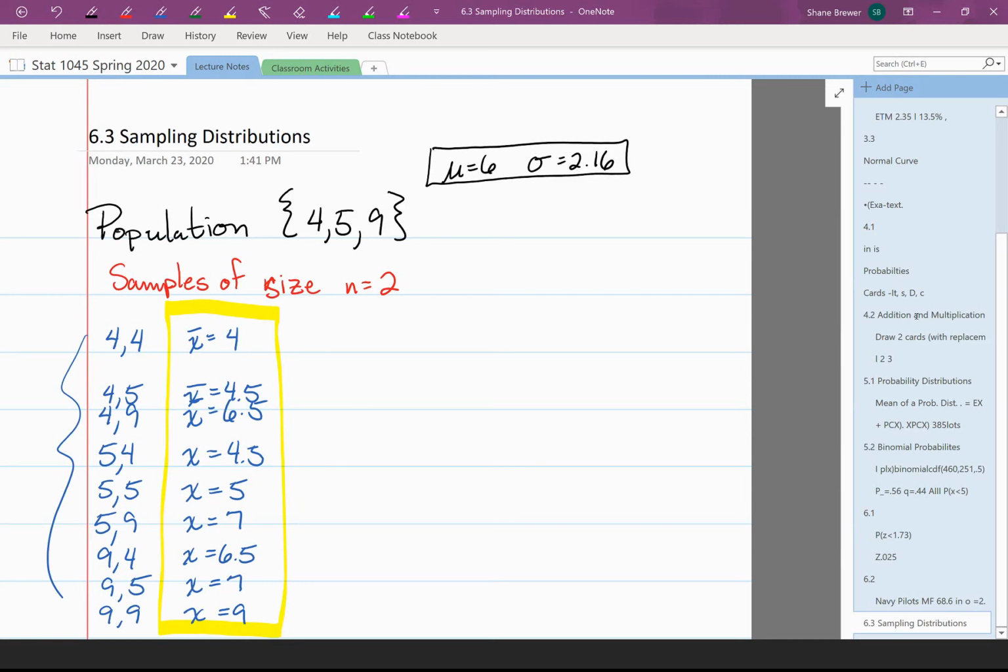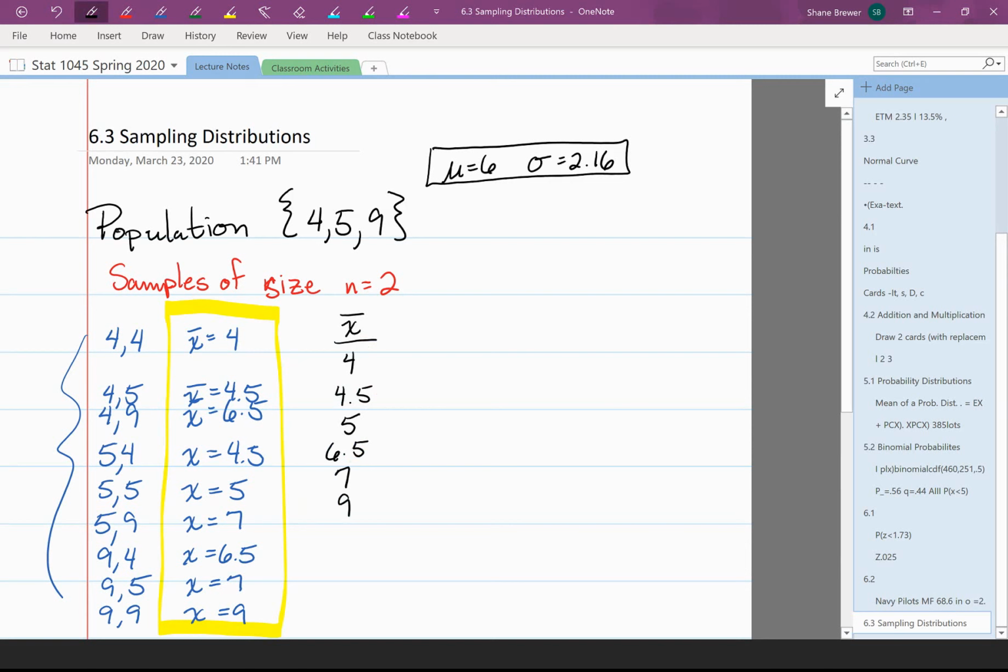So, okay, these are all the sample means. And so we could actually create a little chart of these things. For the sample mean, you could get a 4, or a 4.5, 5, 6.5, 7, or a 9.